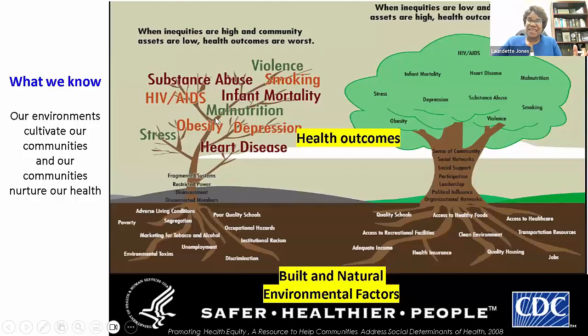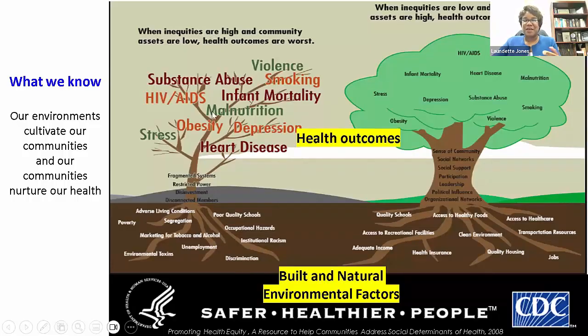And so what we see in the leaves, or where the leaves could be within the tree that doesn't have a lot of leaves or any leaves, are certain conditions and diseases, such as heart disease and stress and infant mortality and violence and smoking. And these are health outcomes that were often largely built upon many of these environmental factors, the built and the natural environmental factors that often gave rise to many of these health outcomes.